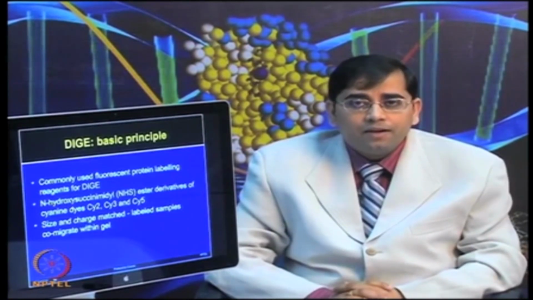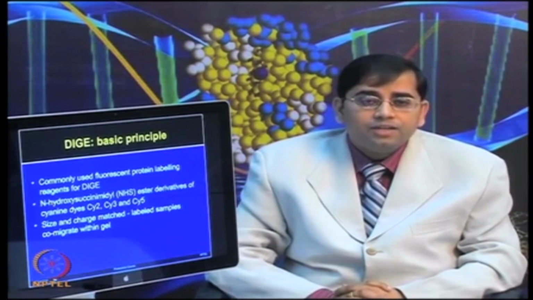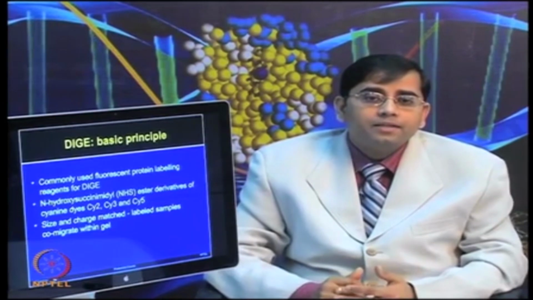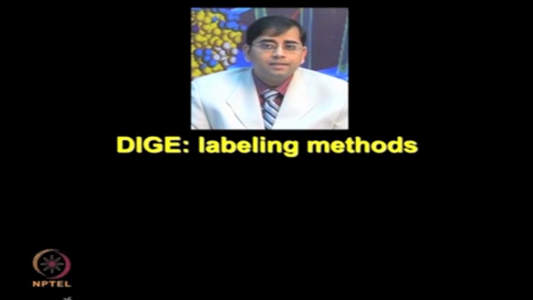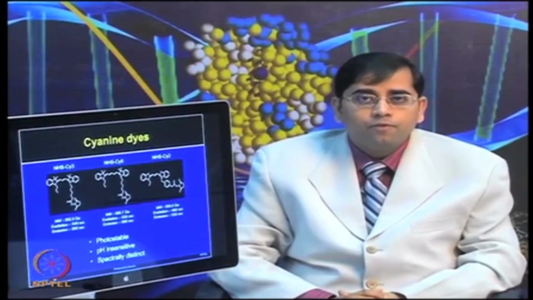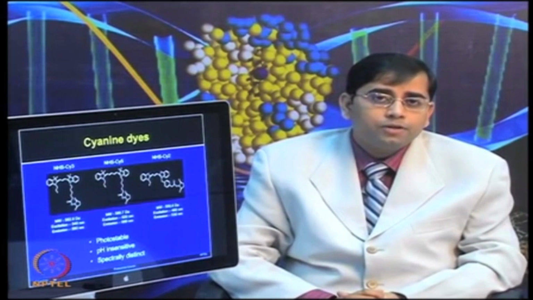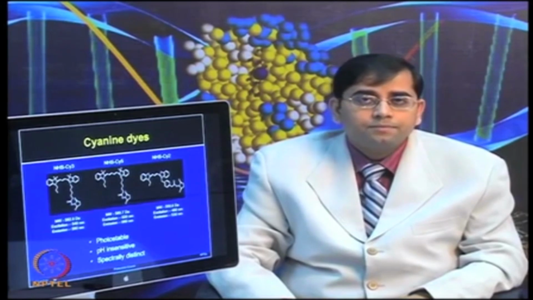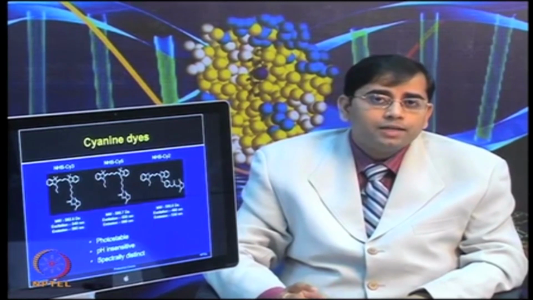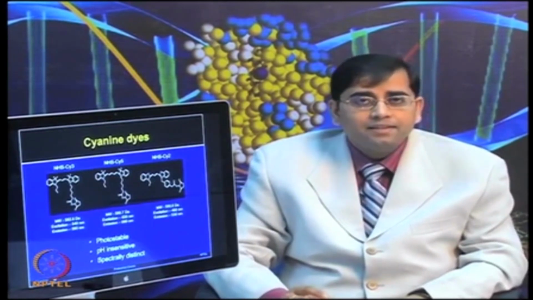Now, for Cy3 and Cy5, the size and charge of these dyes is matched, so that the labeled samples can co-migrate within the gel. Now, I will talk about the labeling methods used in DIGE technology. When we were talking about the two dimensional electrophoresis workflow in the last class, we looked at different types of staining methods currently available, such as Coomassie, silver staining, SYPRO Ruby, and in that context I briefly described cyanine dyes.